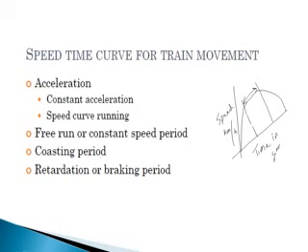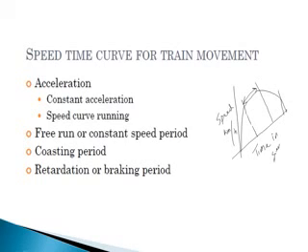So the coasting part means, after the free running period, the power supply is cut off and the train is allowed to run under its own momentum. The speed of the train starts decreasing on account of resistance of motion of the train. The rate of decrease of speed during the coasting time is known as coasting retardation. After the coasting time, the train brakes and it will stop.